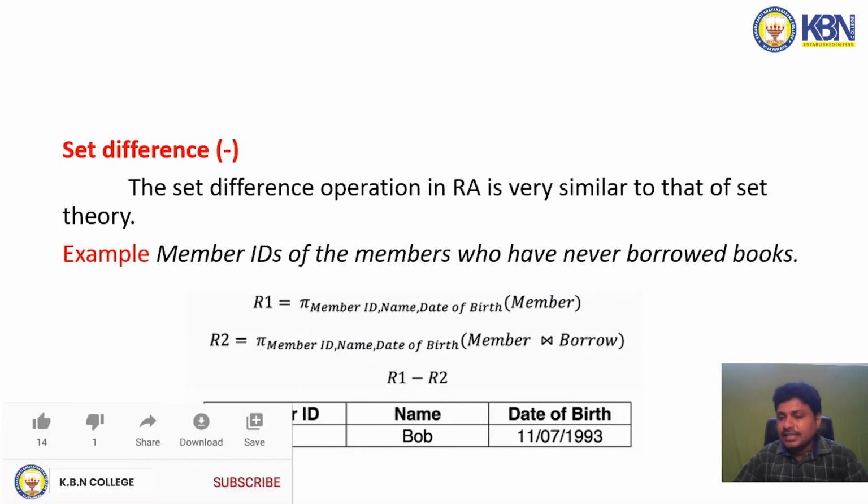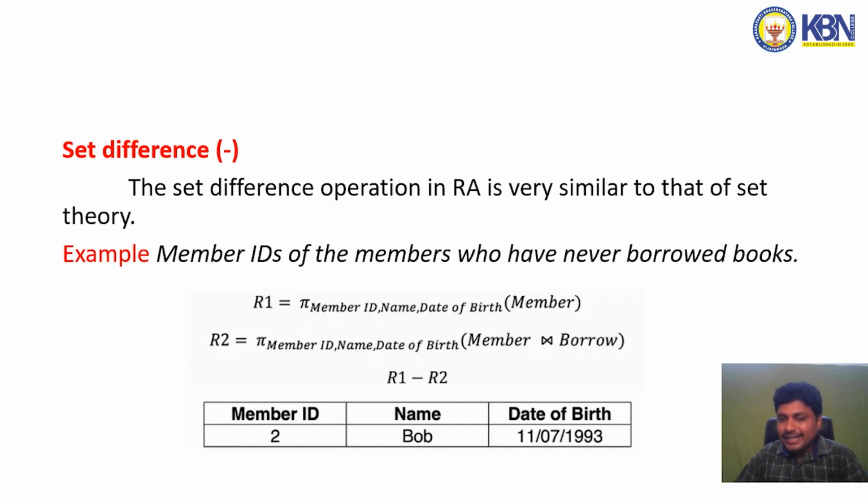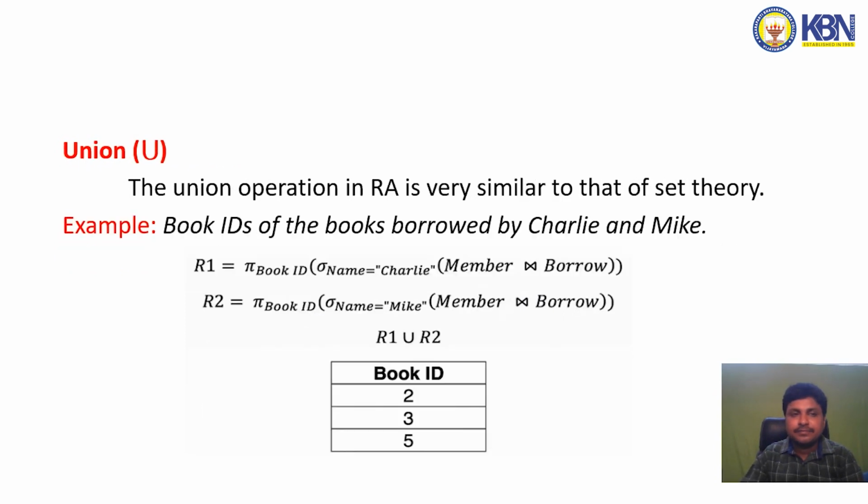The members relation is joined with the borrow. Then only one output will be there: member ID 2, name of the member Bob, and date of birth is July 11th 1993.